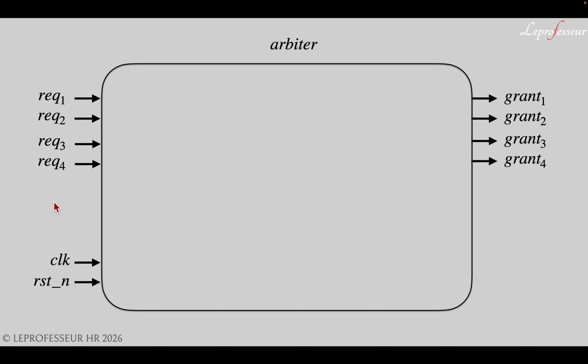In all those situations, since you have one resource or two resources and many requesters, you may need some sort of arbitration logic. For simplicity here, I'm assuming that there are four requesters.